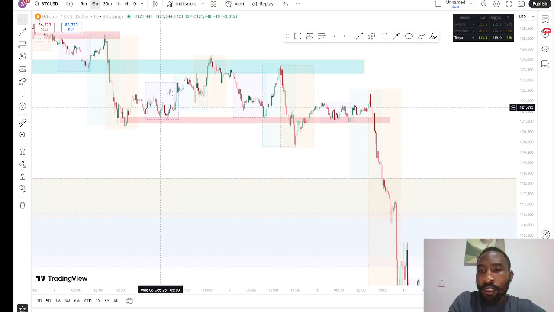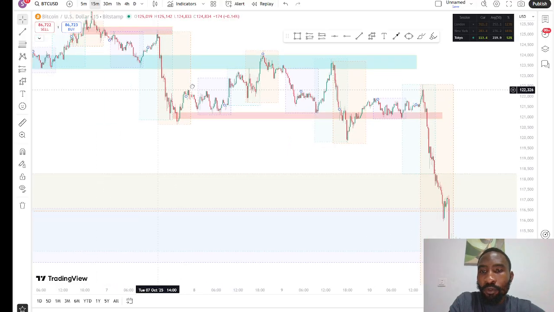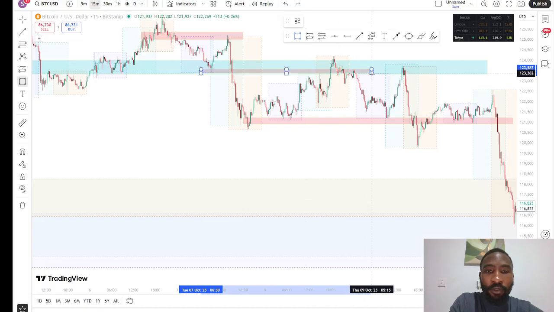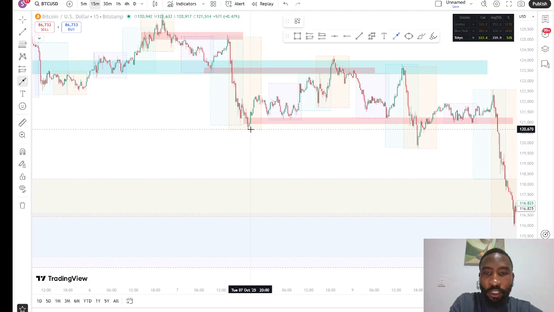So we can see that even though, remember when I was telling you, even though the market is retesting a particular zone, a particular key zone, you don't get to enter trade immediately. Why? Because again, we still have buyers pushing the market here. Look at it.